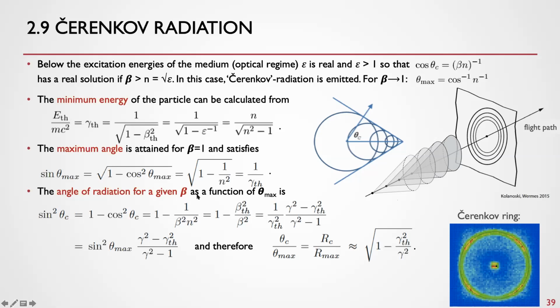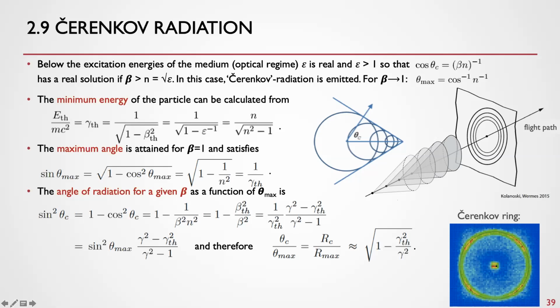But for a fixed beta, one can calculate by completely trivial and straightforward substitutions of the type that we've done on this slide that the sine squared of the actual emission is the sine squared of the maximum emission multiplied with a factor that is smaller than 1.